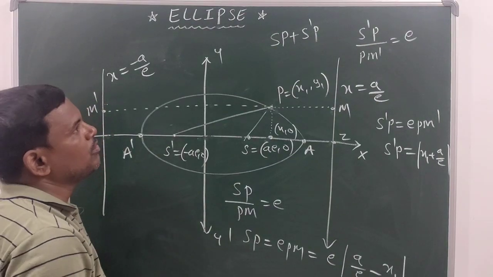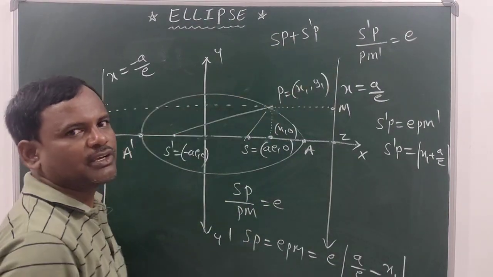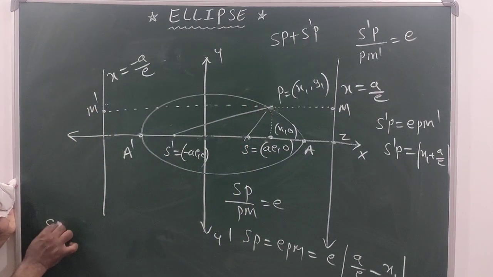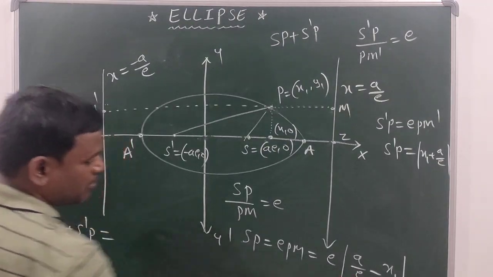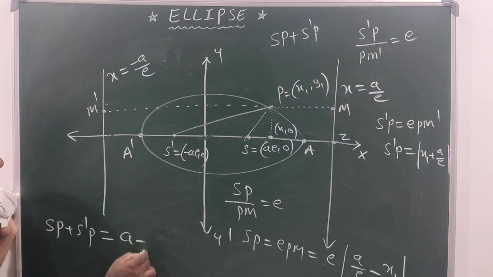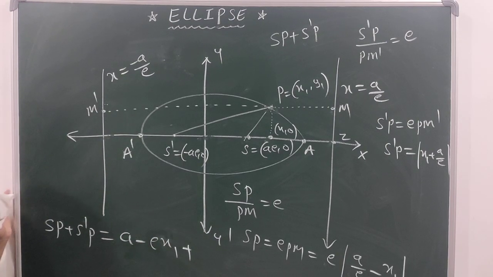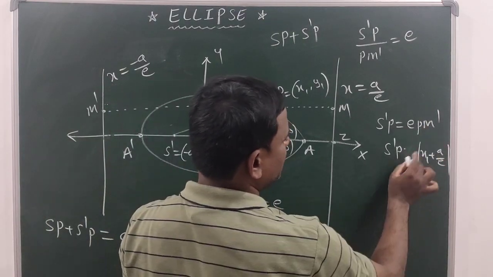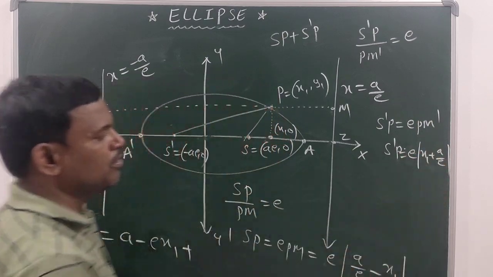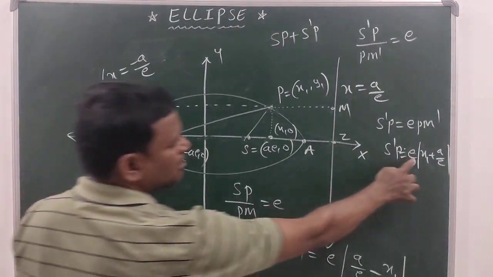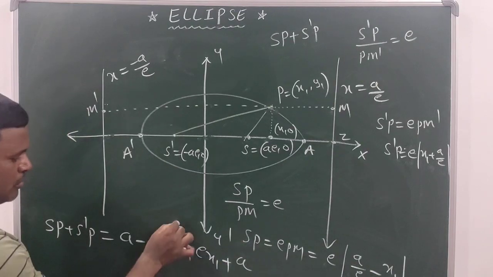Now I want SP plus S dash P. So how much am I going to get? Do that simplification. SP value you got here. When you send E inside, E cancels, so you get A minus EX1. Plus, similarly, here S dash P. Before this we have E, so multiply E with these two terms, so that here you will get EX1 plus A. Both are cancelled.